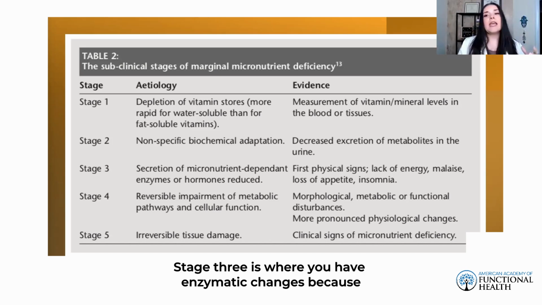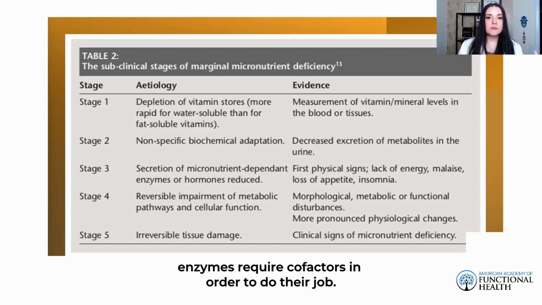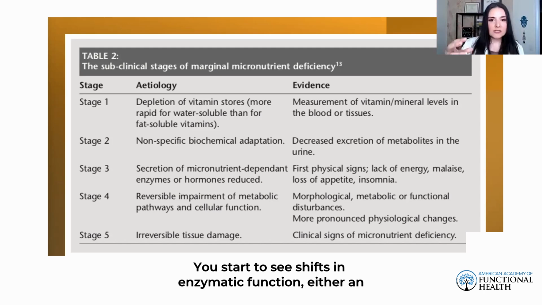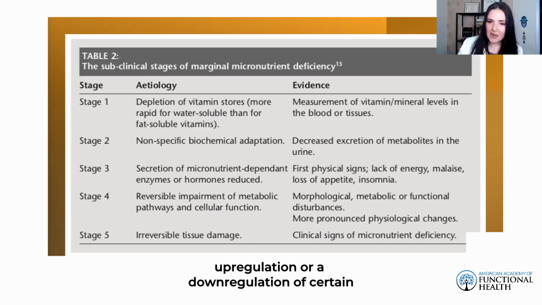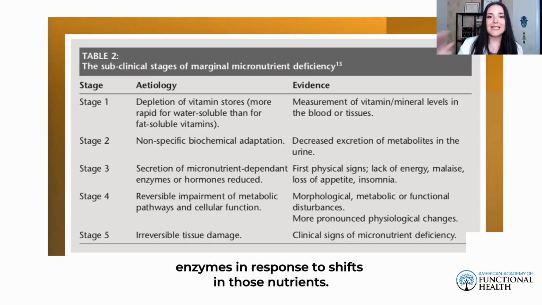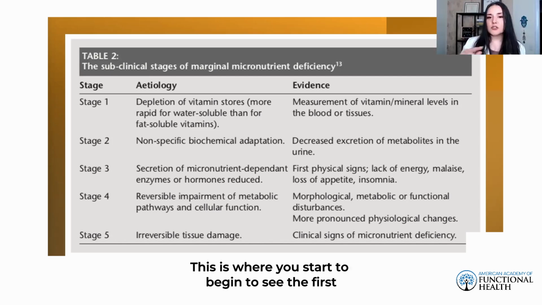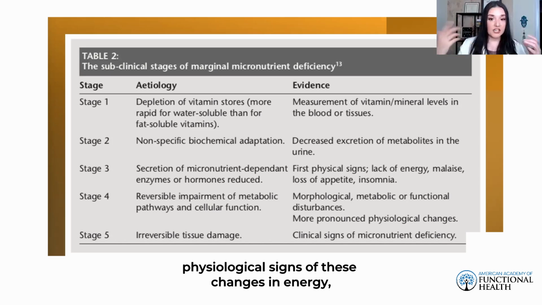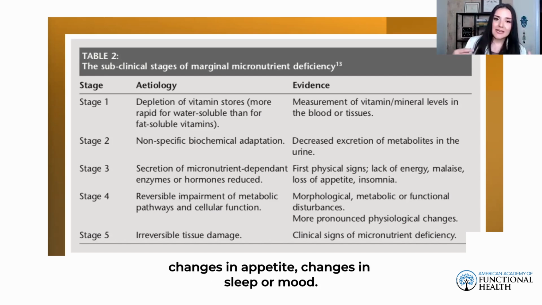Stage 3 is where you have enzymatic changes, because enzymes require cofactors in order to do their job. You start to see shifts in enzymatic function, either an upregulation or a downregulation of certain enzymes in response to shifts in those nutrients. This is where you start to begin to see the first physiological signs of these changes in energy, changes in appetite, changes in sleep or mood, right?